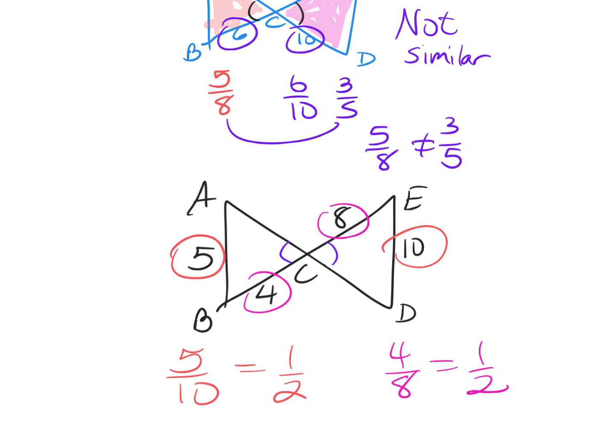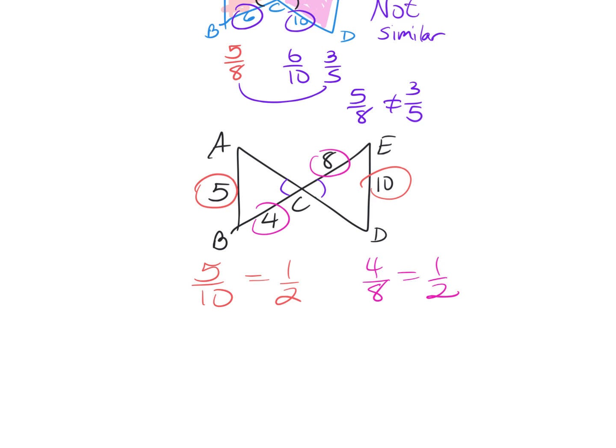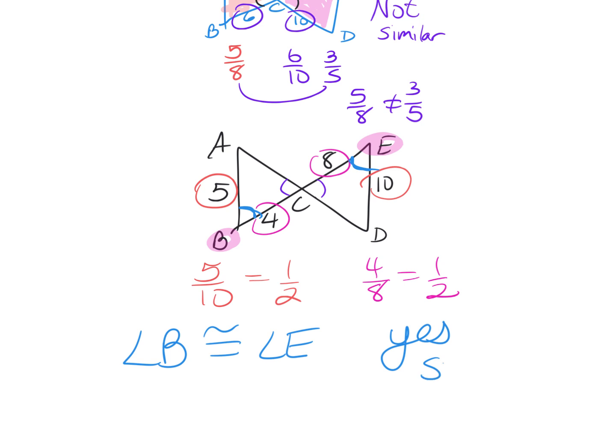In order for it to have worked, we would have needed to have been given that angle B was congruent to angle E, and then it would have been the angle formed by the proportional sides. So if you were given that angle B was congruent to angle E, then you could say, yes, they're similar by using side angle side.